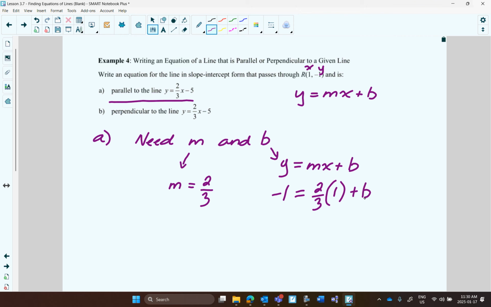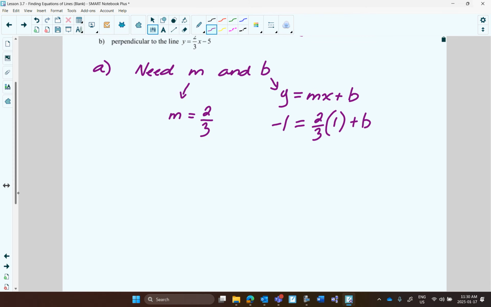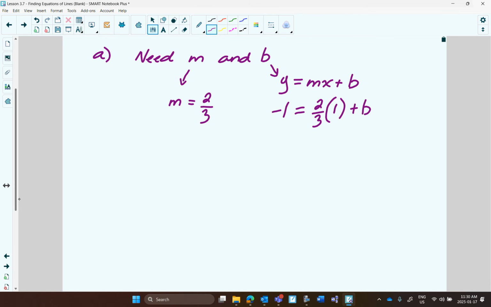And then we solve. And it's going to be a fraction equation, but we've been going through these ones. So we get -1 equals 2/3 after I multiply 2/3 by 1, plus b. Clear the fraction out by multiplying everything by 3. Don't forget that b gets multiplied by 3.